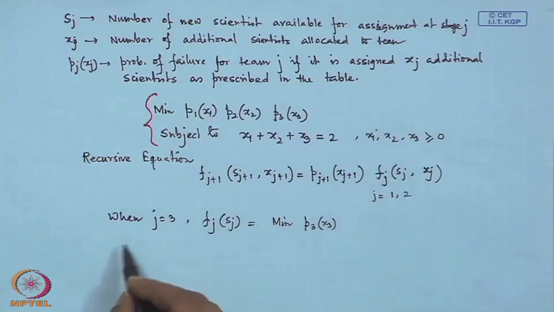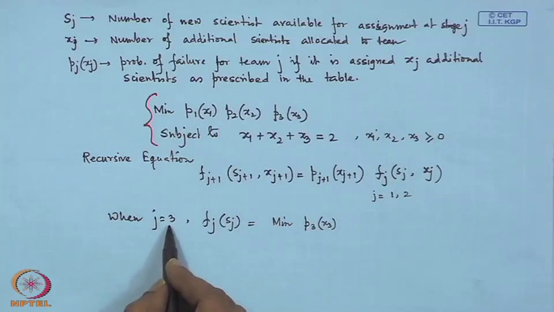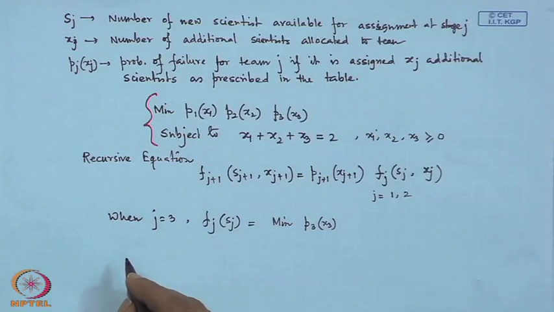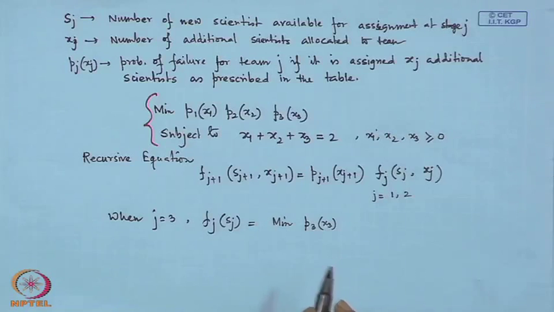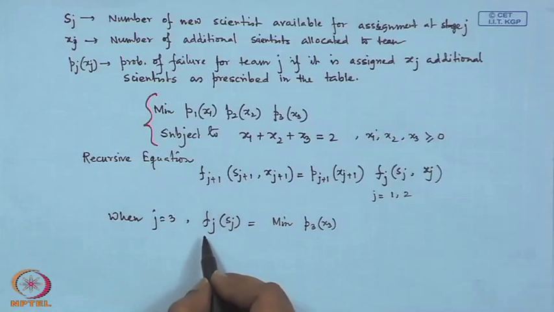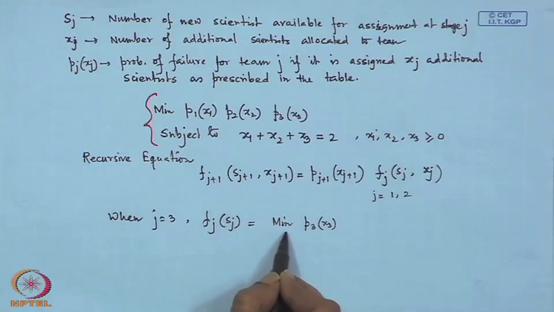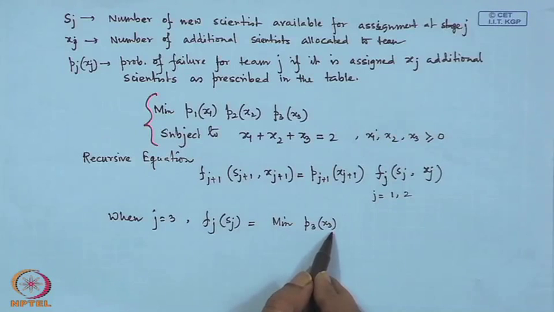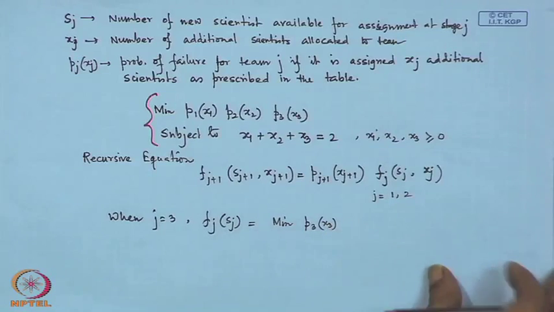Thus, if we start from j is equal to 3, that is if we consider the last team, that is team C as the first stage, because we want to move in the backward recursive process. Therefore, Fj Sj is equal to minimum of P3 x3. Here only one variable is involved, that is x3. These are the decision variables and Sj are the state variables for this.